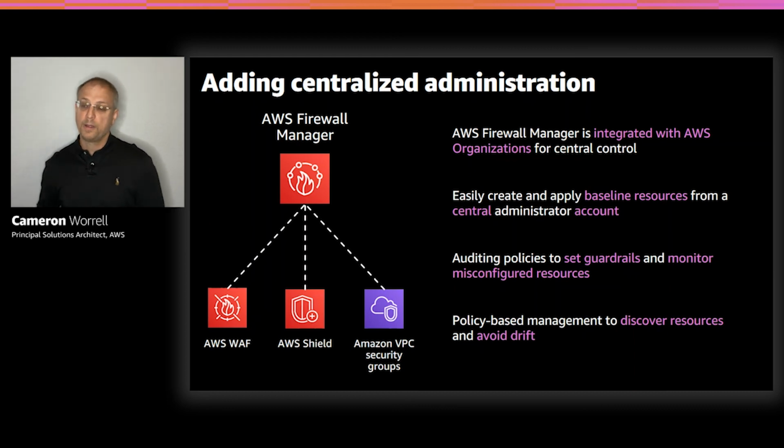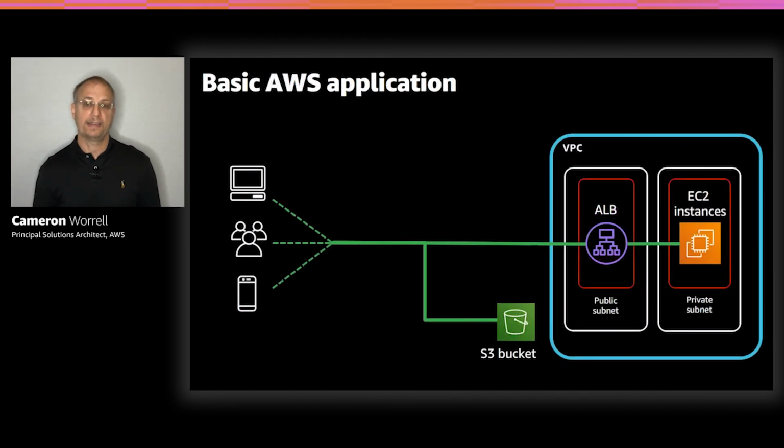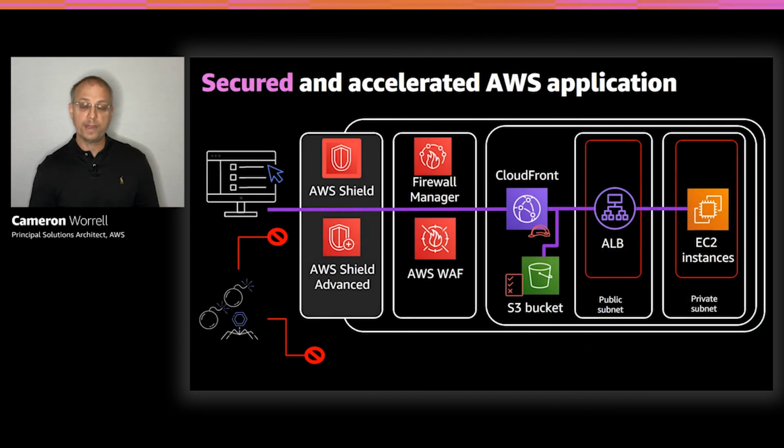All right, so let's go back and look at our basic application. We started off with some very starter level security, but we added quite a bit. We started by putting CloudFront in front of our application. Then we secured our origin and put in origin enforcement using WAF and Secrets Manager.